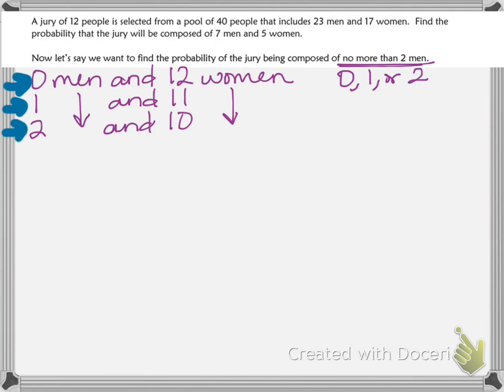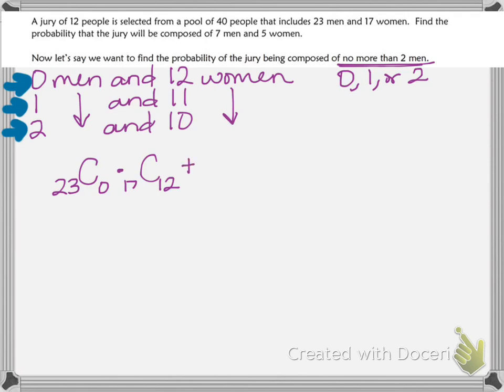So starting with the 0 men and 12 women, there are 23 men, so that would be 23 choose 0, times 17 choose 12. So that would say out of the 23 men, we're choosing 0, and out of the 17 women, we're choosing 12 of them.